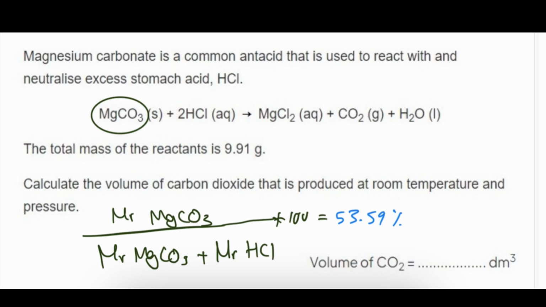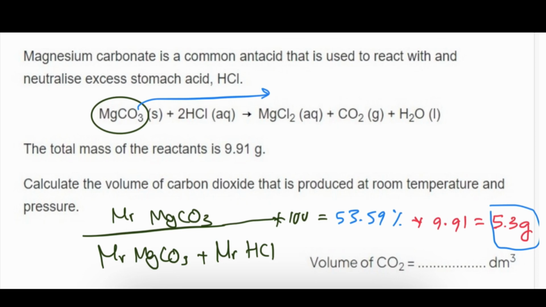Okay, and if we multiply this with the total mass, it gives us this number, 5.3 grams of MgCO3.